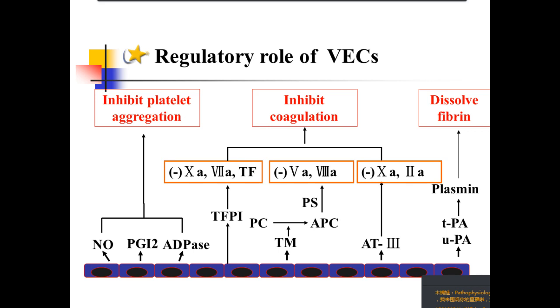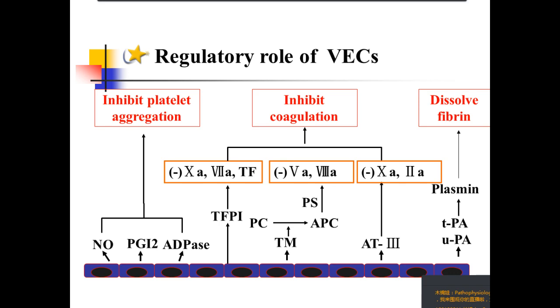So ADPase increases, ADP decreases, so platelet aggregation decreases. So normal VEC releases NO, PGI2, and ADPase, leading to vasodilation and inhibiting platelet aggregation, so it has anticoagulation function.